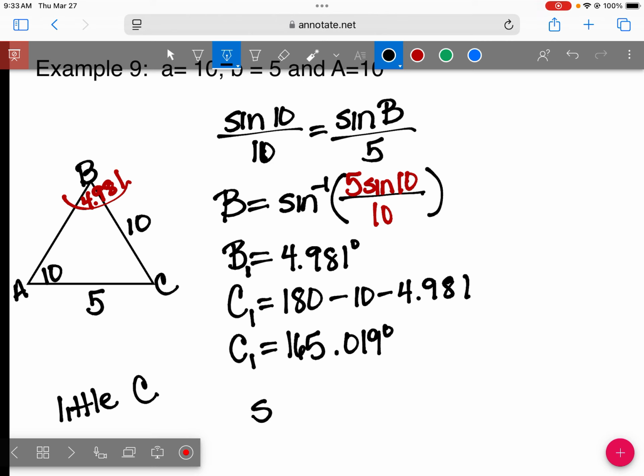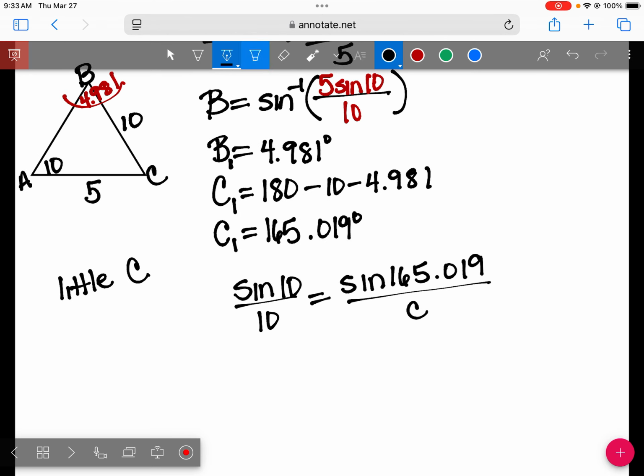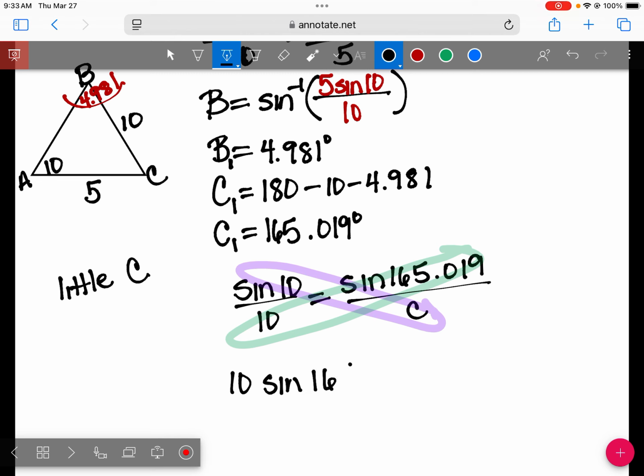For little c, I'm going to use the sine of big A over little a, and that's going to equal the sine of big C, which is angle C, 165.019 over little c. So we're going to cross multiply it. Go in this direction, go in this direction, and you should get 10 sine 165.019 equals c times the sine of 10.